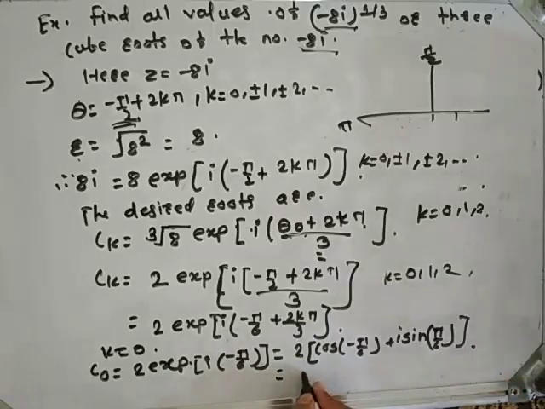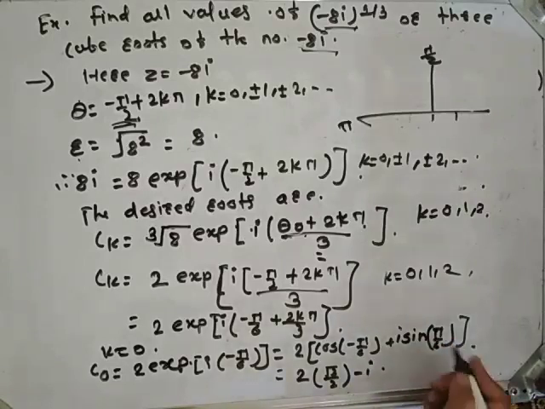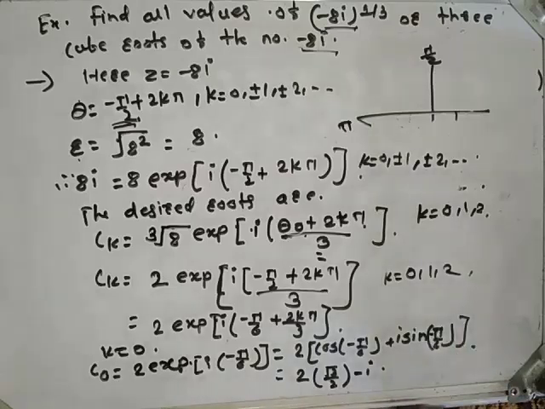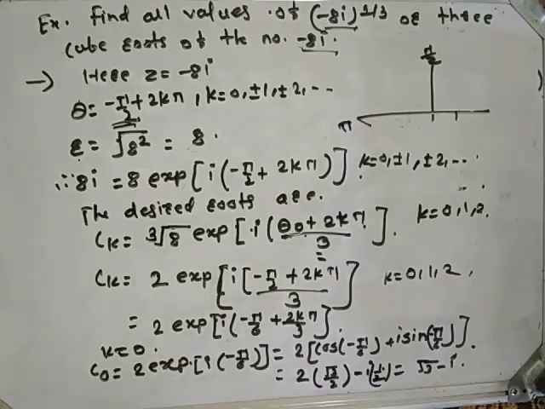Cos minus pi by 6 is cos pi by 6, which is root 3 by 2, and minus i sin pi by 6 is minus i times 1 upon 2. So c_0 is root 3 minus i. This is the first root.